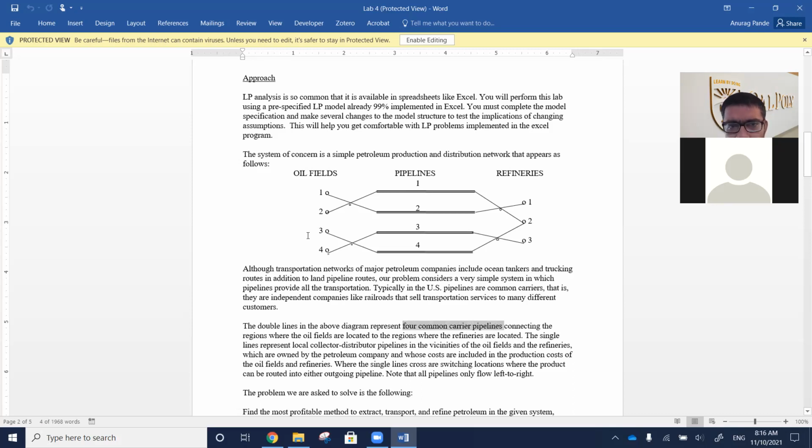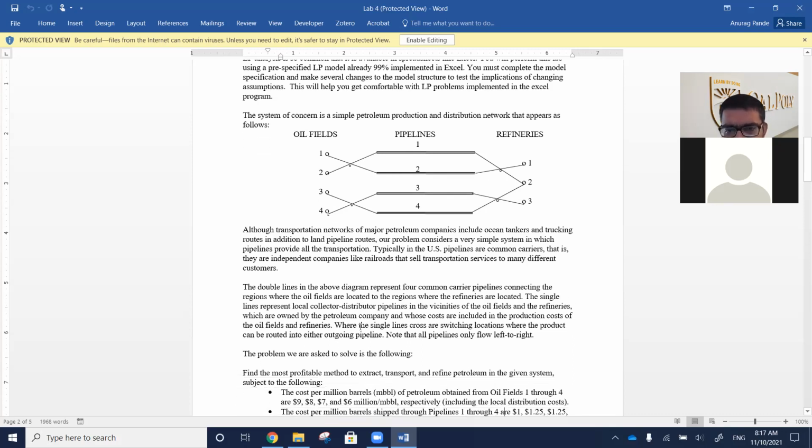They connect the region where oil fields are located, and the vicinities of oil fields and the refineries, which are owned by the petroleum company. And then you have where the single lines cross are switching locations where the product can be routed into either outgoing pipeline.